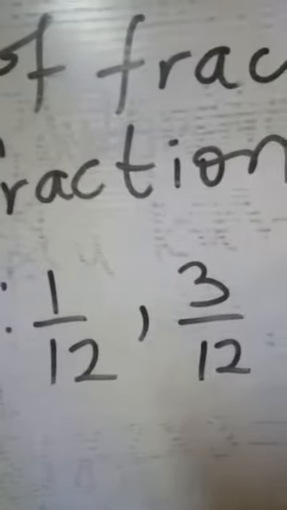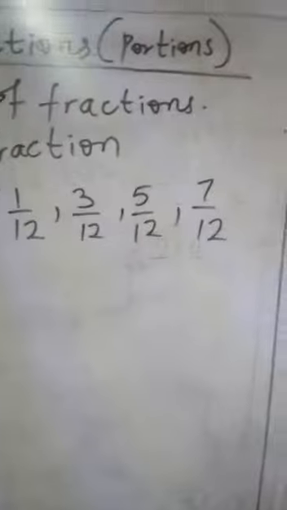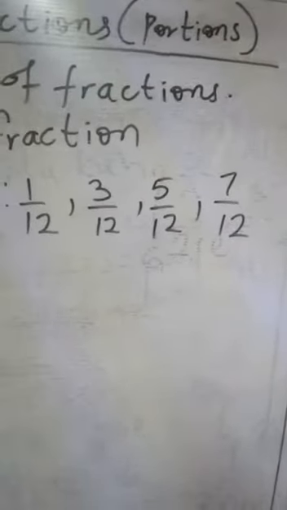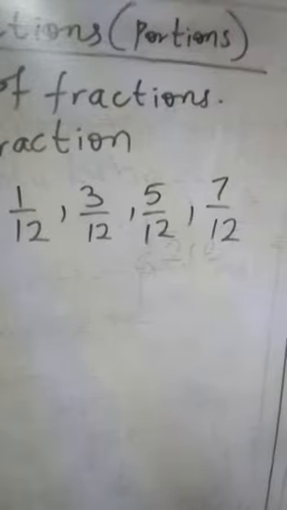Another one could be 5 over 12. Another example could be 7 over 12, or even 8 or 9 over 12, or 11 over 12. All these are called proper fractions because they are possible fractions. They are possible portions of 12.